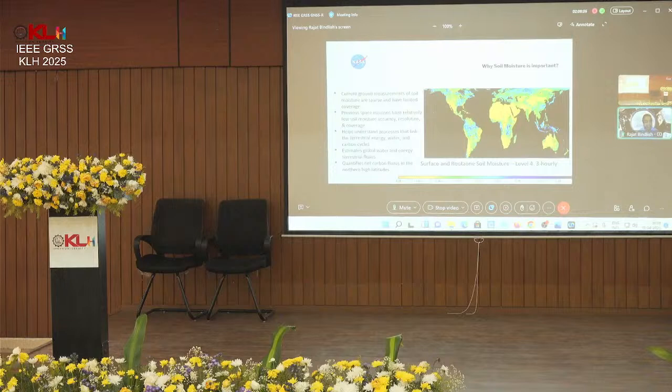and putting it all together is a challenge, whereas a satellite can give you wall-to-wall coverage, very good accuracy, fairly good resolution, and you can have satellite observations every couple of days, which will give you very consistent observations at a global scale.